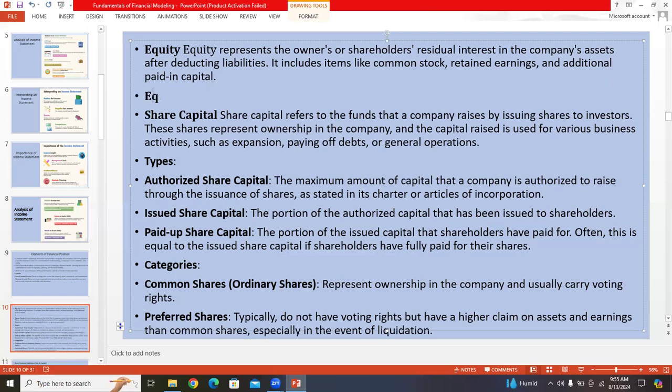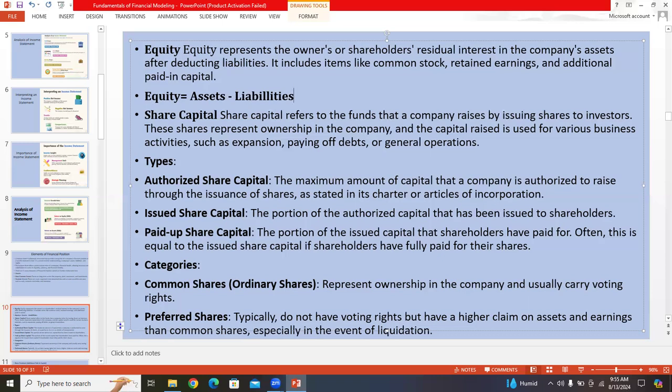It says equity equals assets minus liabilities. So this is the equation it is referring to. The owners' residual interest. Residual means the remaining interest in a company's assets. Alright, we understood that. I hope you are understanding side by side.